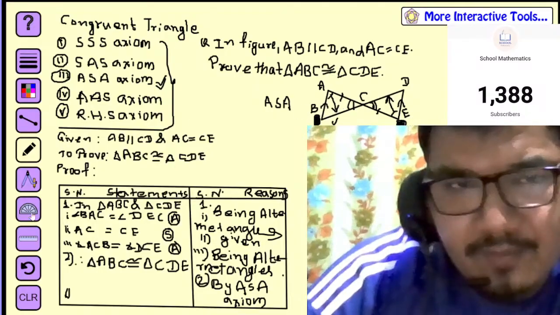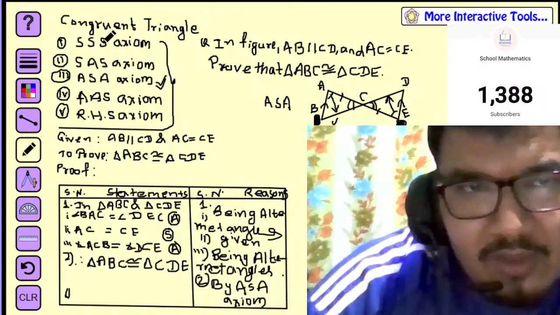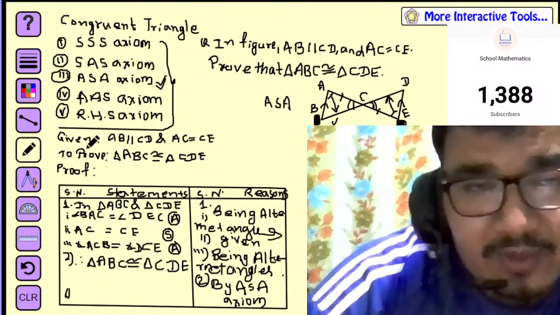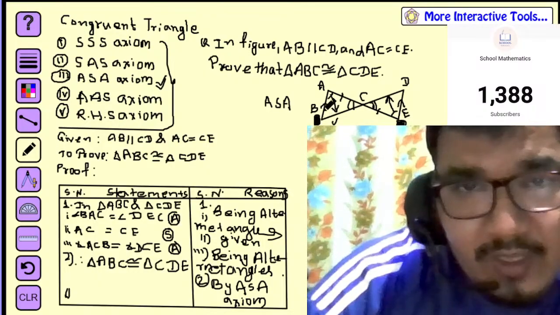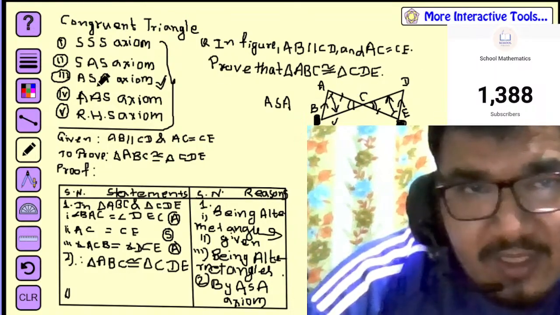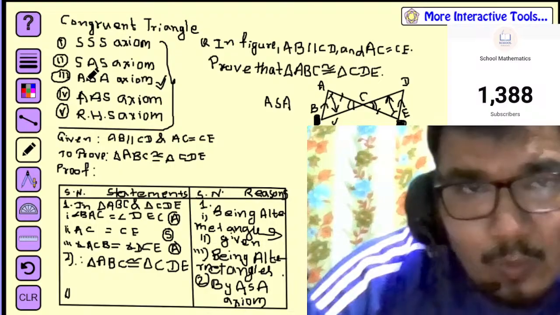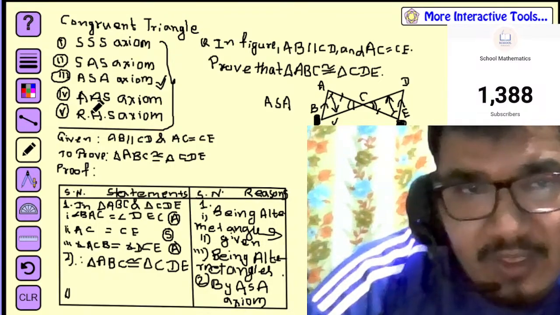And like this we can apply the other axioms also. By looking at the given triangles, we have to apply whichever axiom is satisfied. This is RHS, right angle hypotenuse side.